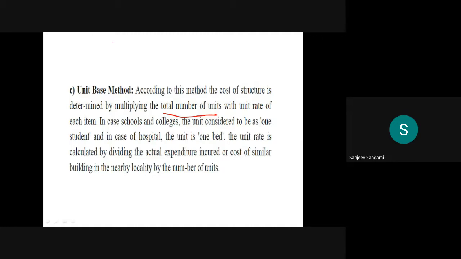Unit rate means, for example, if you are constructing a big building, how many units will be reserved? For small buildings, how many units will be reserved? For the first floor, how many units will be reserved? How exactly will units be calculated? Units are based on the kind of construction you are going for.